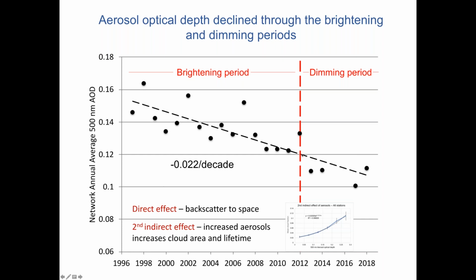But in the dimming period, if you apply this relationship for the difference between AOD from here to here, cloud fraction should have decreased by another 1/3% or so, but it increased by over 2%. So this tells us that aerosols are probably not causing brightening and dimming.